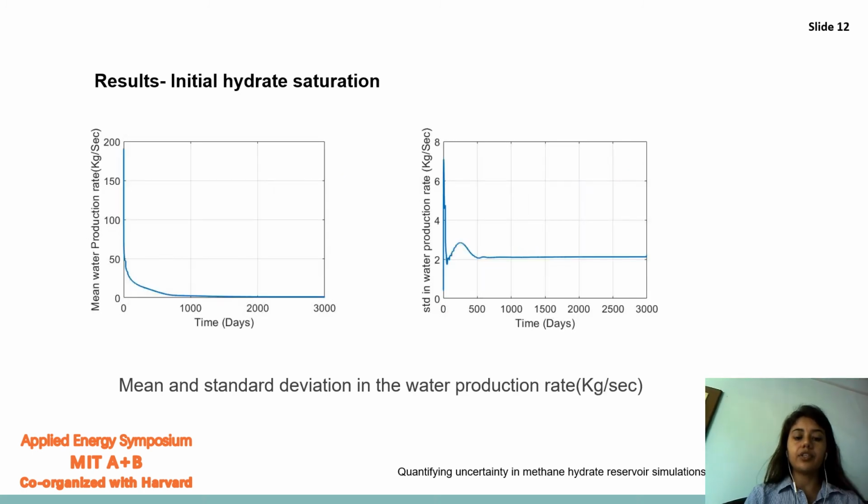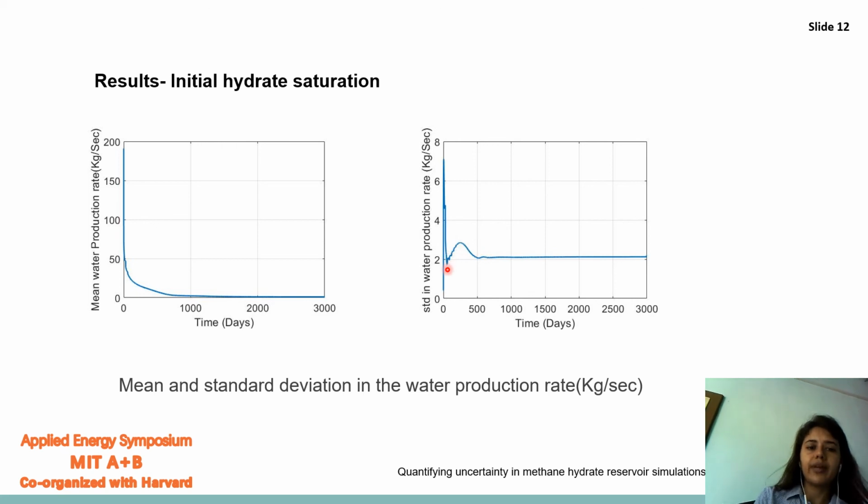The mean and standard deviation curves in the water production rate due to uncertainty in initial hydrate saturation are shown here. As we vary the initial hydrate saturation, the water saturation also changes. This impacts the final gas production. The water production is higher for the initial days, then it decreases, which can also be seen in the standard deviation curve, where a small peak is obtained here.